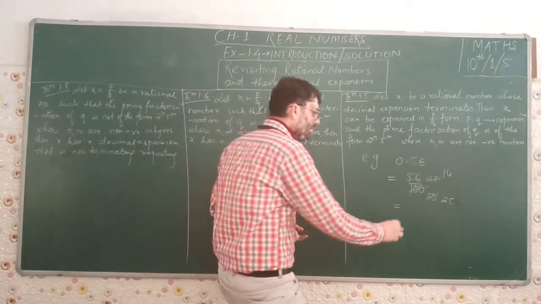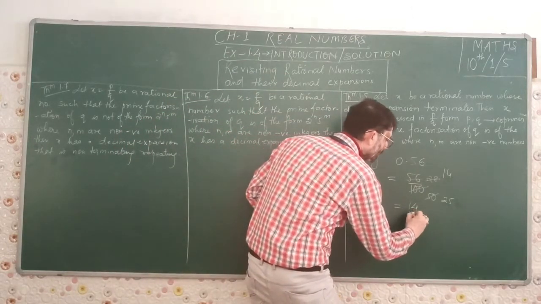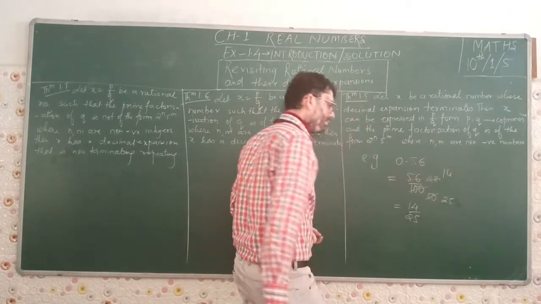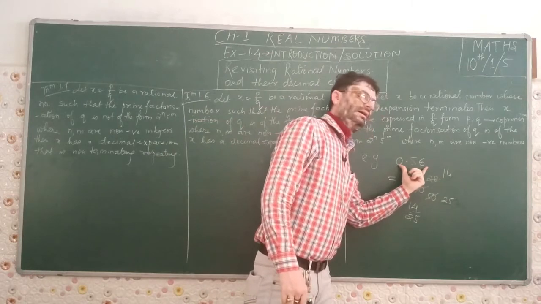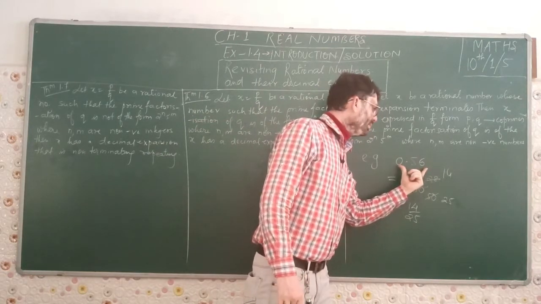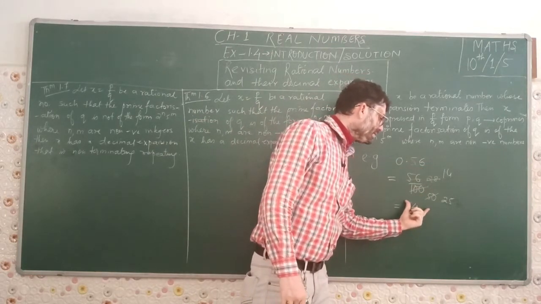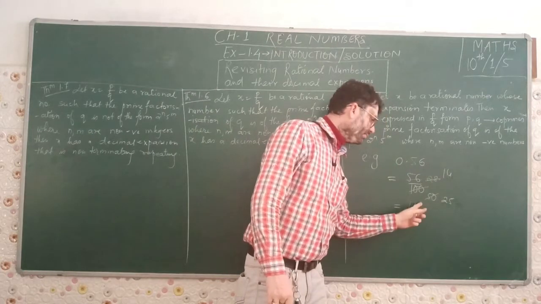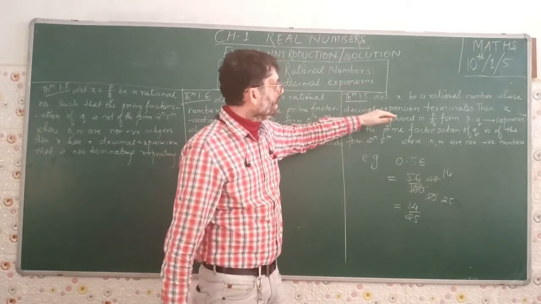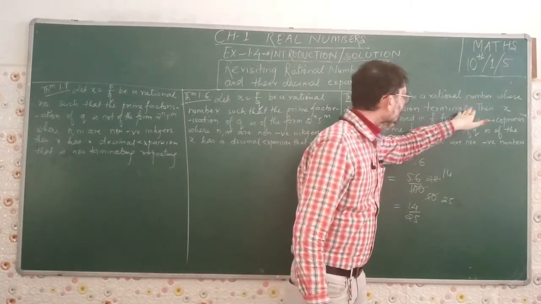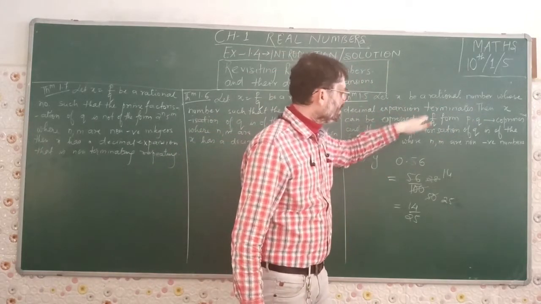Now we can write this one as 14 upon 25. 0.56, a terminating decimal expansion being a rational number, can be expressed in p upon q form as 14 upon 25.